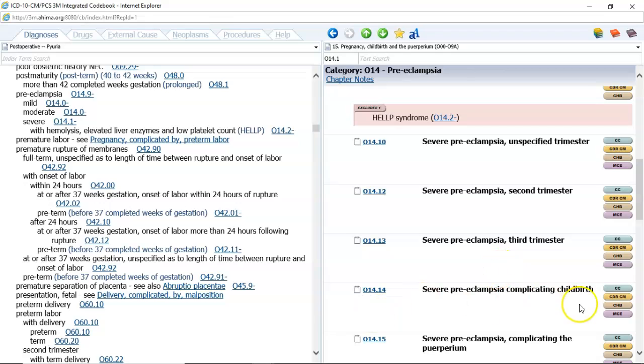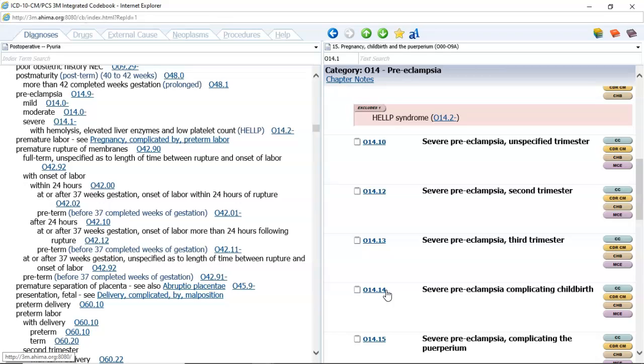Now, she delivered, so it's not just 3rd trimester, it's complicated childbirth. So O14.14 is our principal diagnosis code. If she had not delivered, then we would use 13, but she did deliver, so we are using 14.